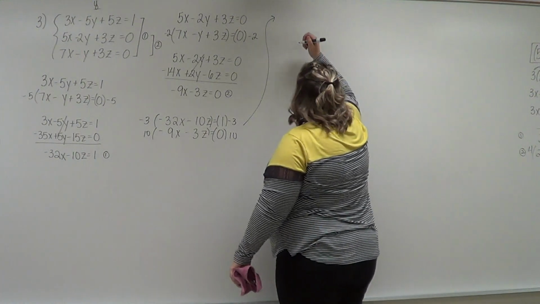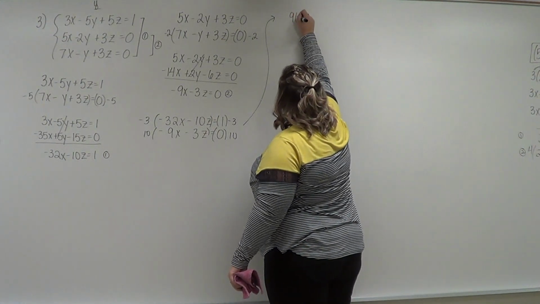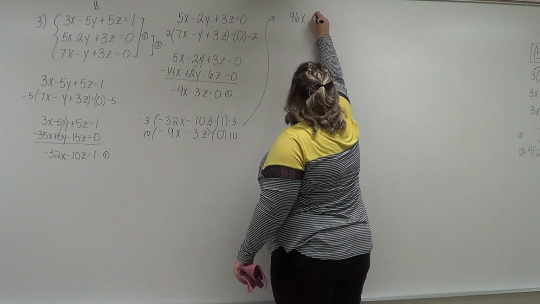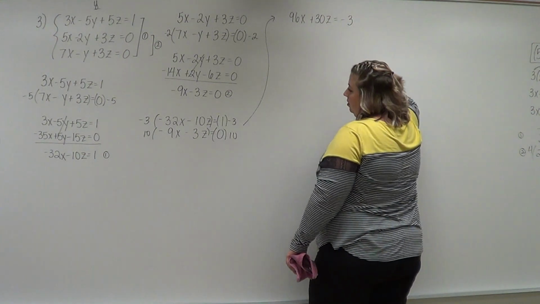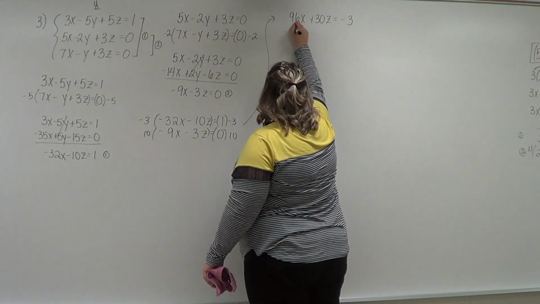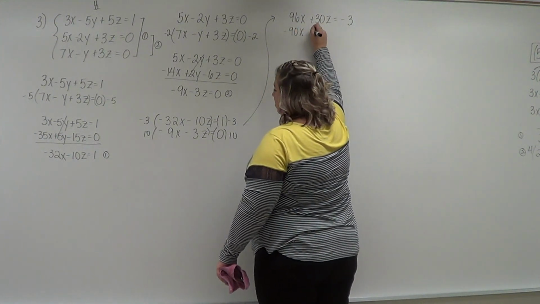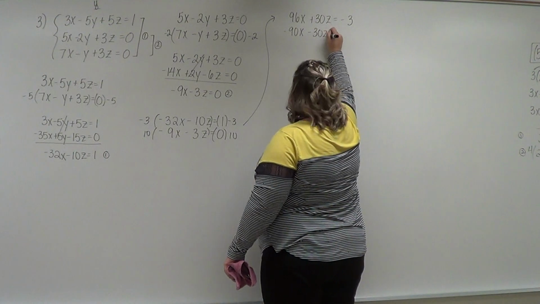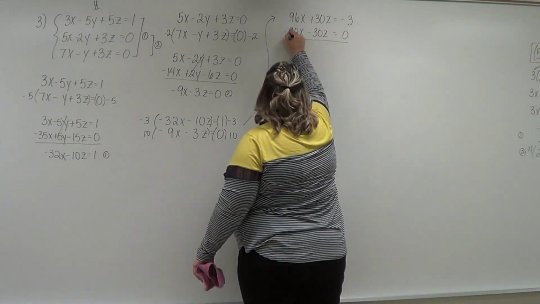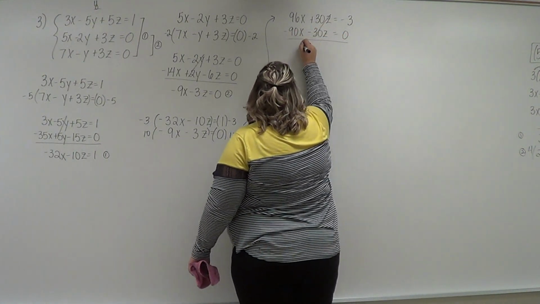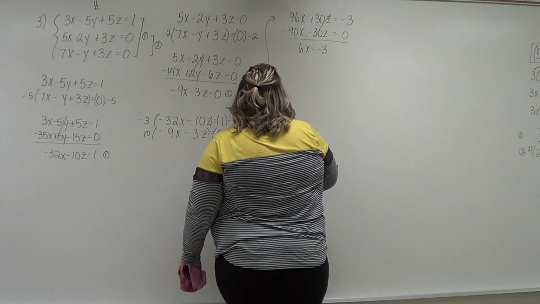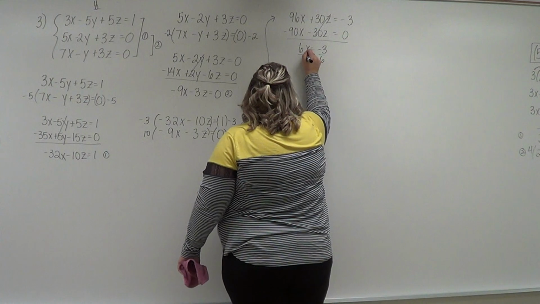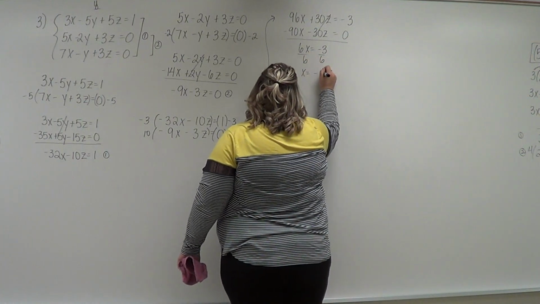So I would have 96x plus 30z equals -3, and I would have -90x minus 30z equals 0. So my z's cancel. So I'd have 6x equals -3. Divide by 6, x equals -1/2.